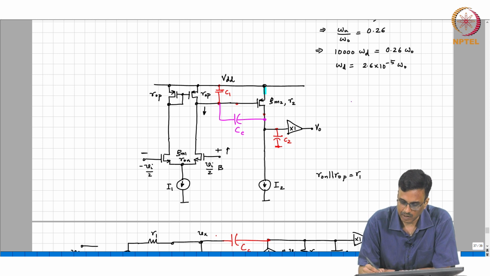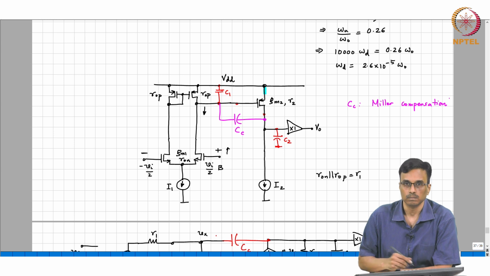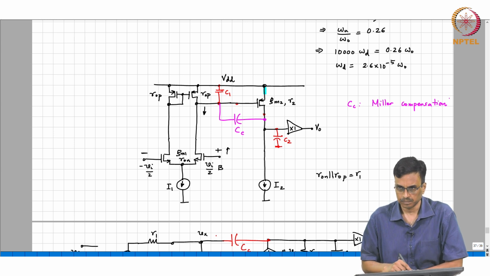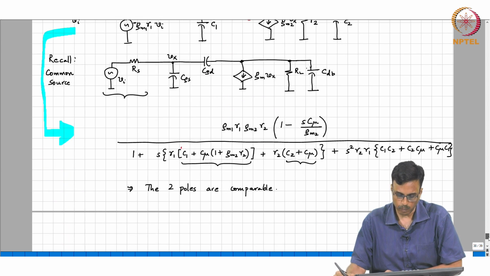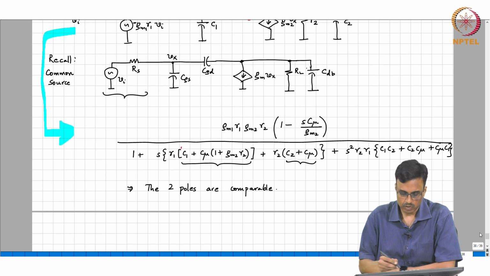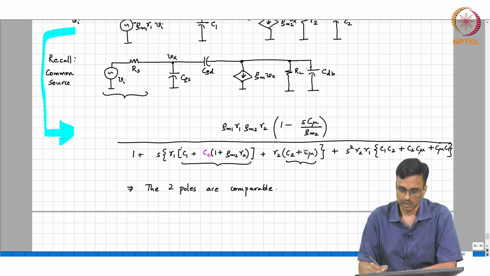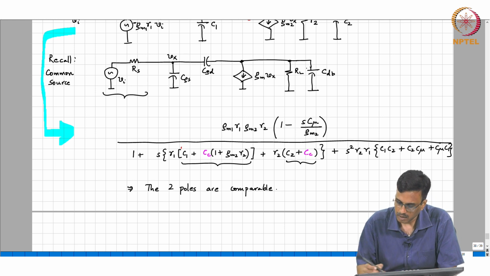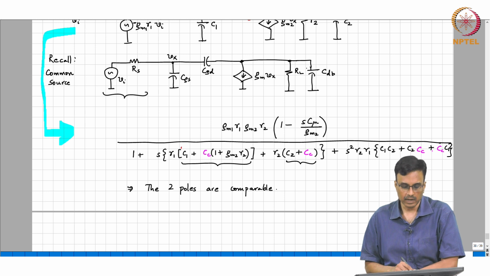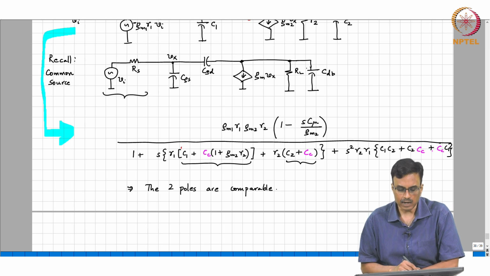So Cc is the Miller compensating capacitor, which introduces the dominant pole, right. So this becomes Cc, this becomes Cc, this becomes Cc, all right. And by introducing Cc, what have we done?